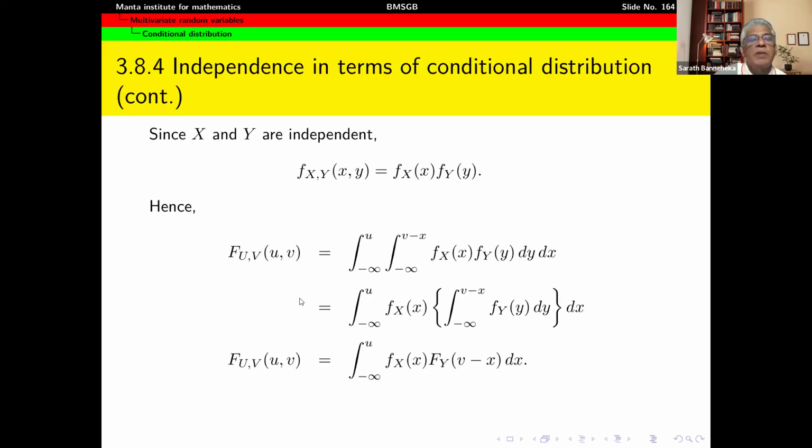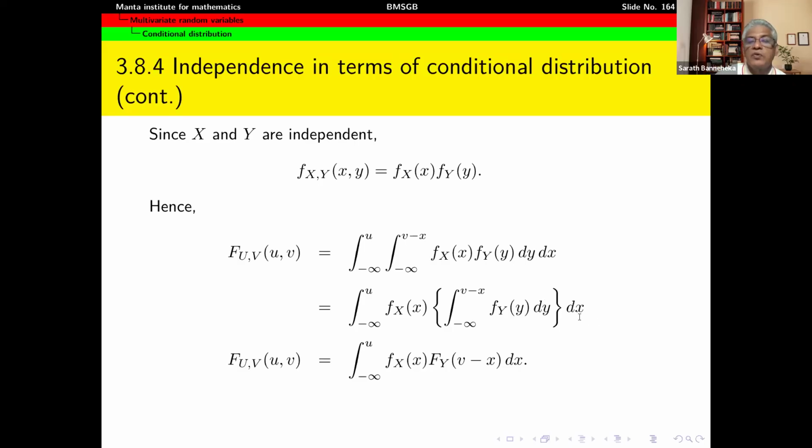But because x and y are independent, we can write down the joint density as this, and therefore the previous expression I can now replace with the product of marginals. We can see that this is a function of x only, and this is a function of y only. So when you are integrating with respect to y first, you can take this f_X out of the integration and then consider this one.